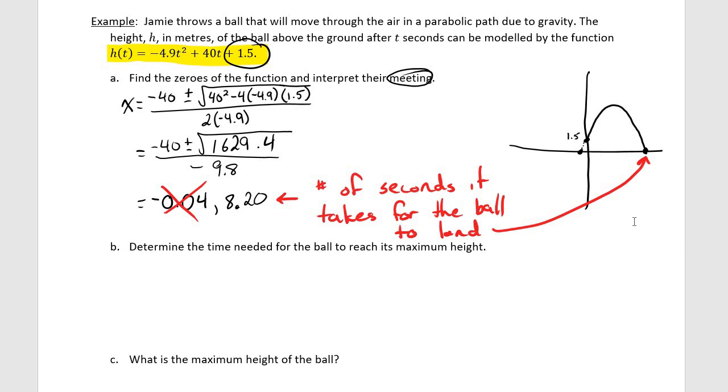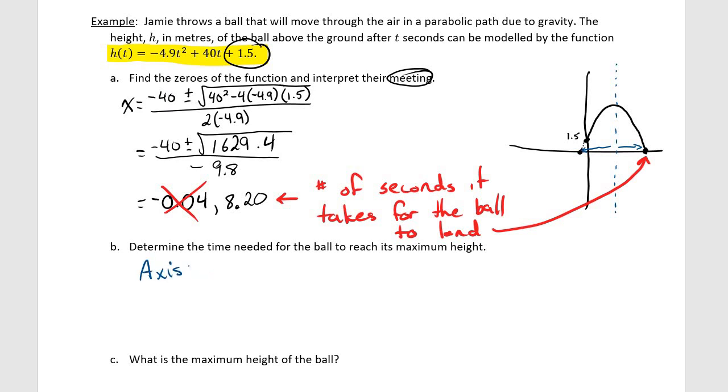So how long does it take the ball to reach its maximum height? We need to find the maximum, the vertex basically. We could complete the square, but the numbers are not very pleasant. We already have the roots, so why would we complete the square when we can just use those? The time needed to reach maximum height is the axis of symmetry. It's the same distance from there to there as it is from there to there, so I can average my two roots.